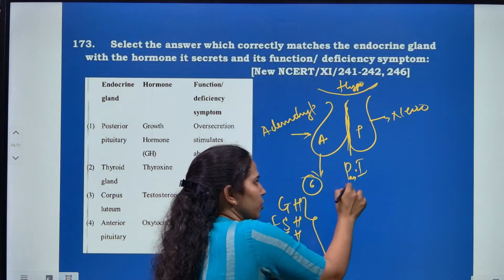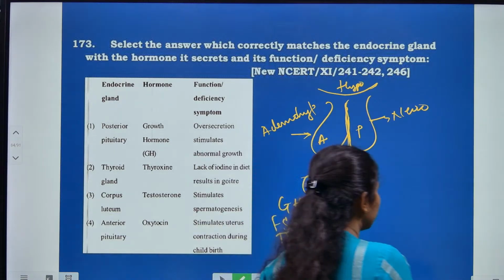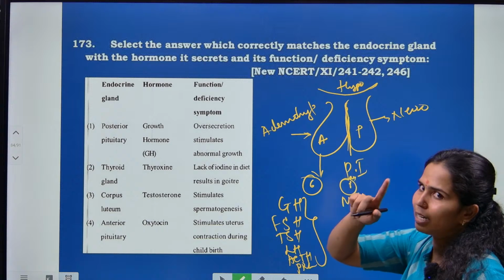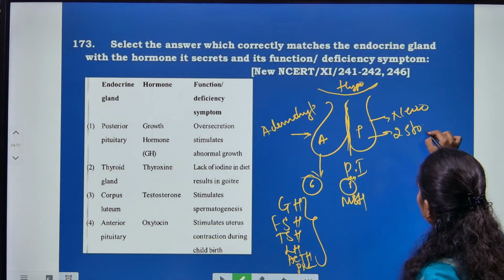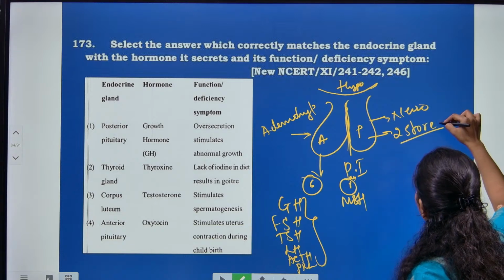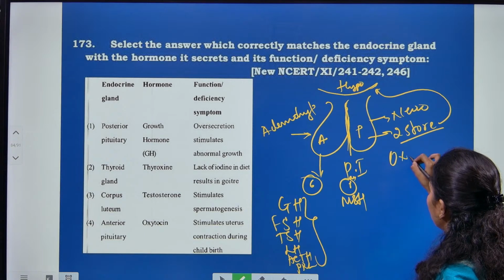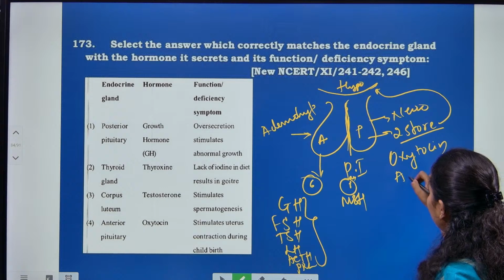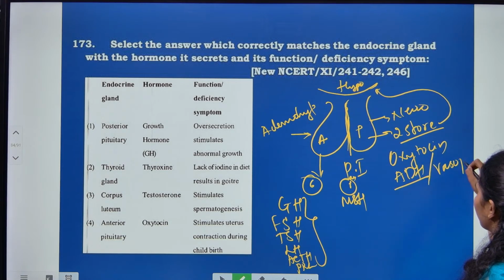Pars intermedia secretes only one hormone, MSH, that is melanocyte stimulating hormone. The posterior pituitary does not secrete any hormone, but it stores the 2 hormones that are produced by the hypothalamus. One is called oxytocin, and the second is ADH, that is antidiuretic hormone, also called vasopressin.